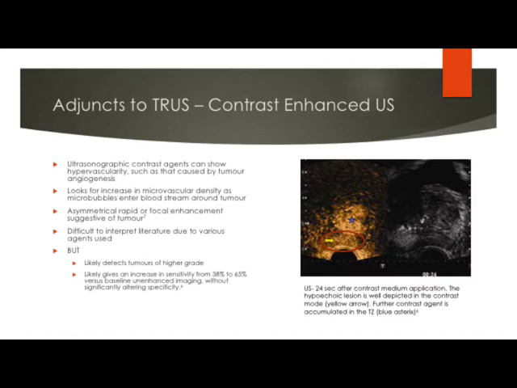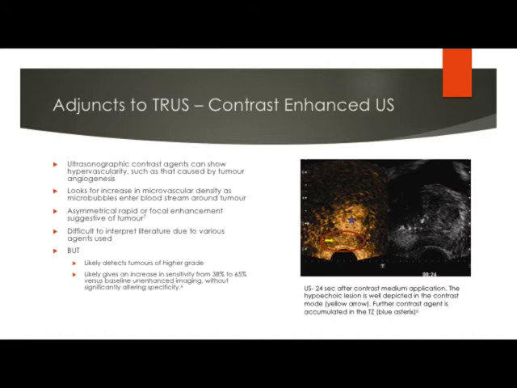The trouble with this is there are lots of different contrasts used, so it's difficult to interpret the literature on that basis, but it's likely it detects higher grade tumours. And in some studies it has shown increased sensitivity from 38% to 65% versus unenhanced imaging, but hasn't really affected the specificity in these studies.